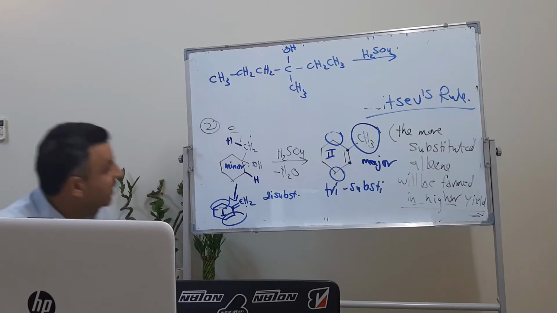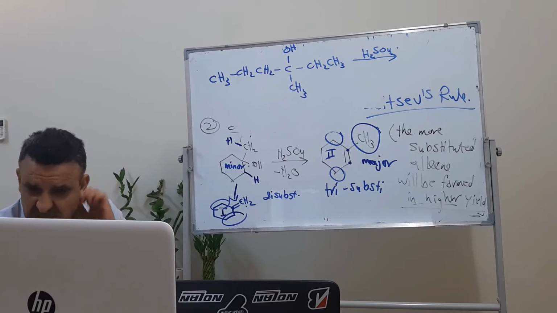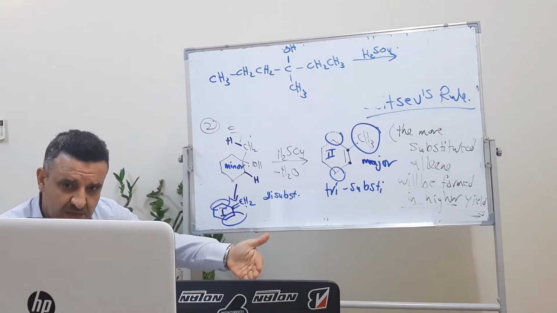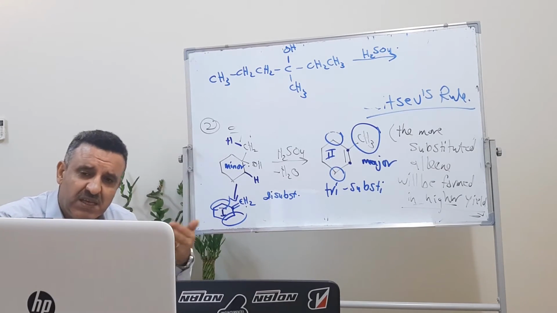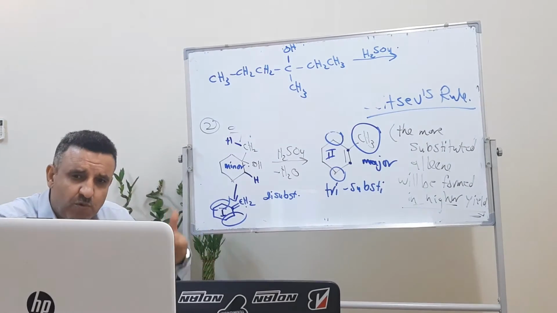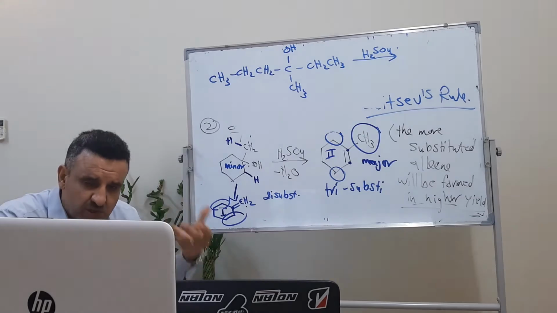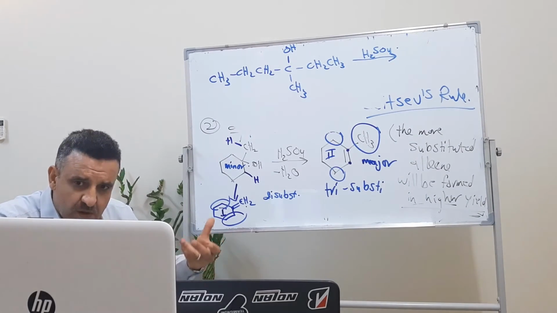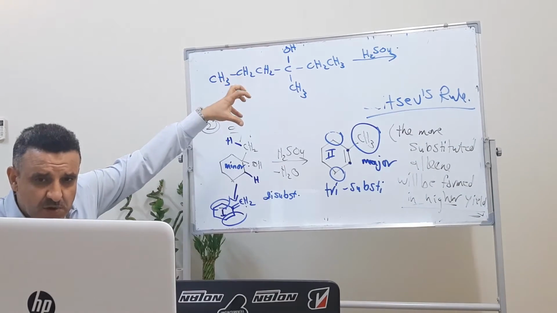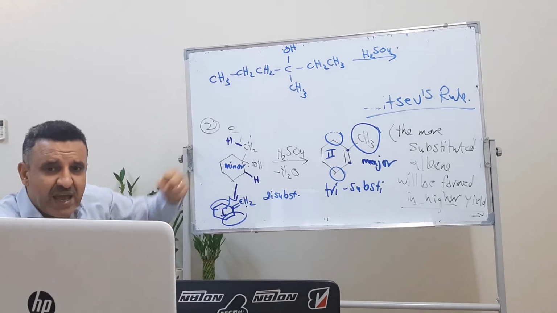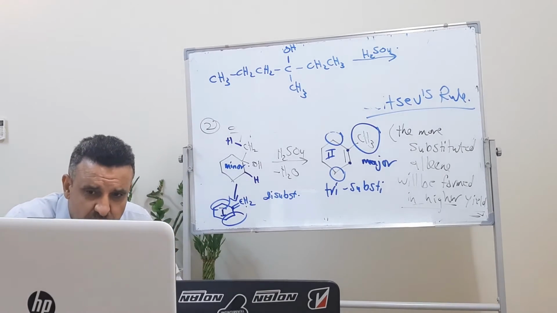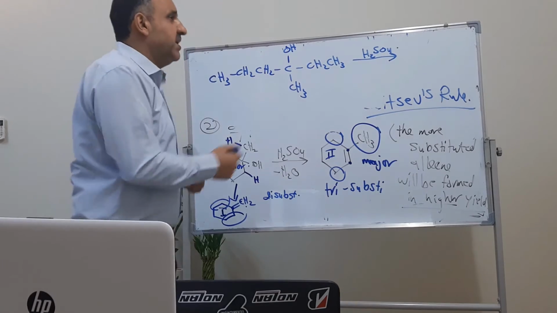Now, as we have said, this is simply a method for converting alcohol to alkene. How? By dehydration. What does that mean? By elimination of a water molecule. Where will this water molecule come from? The OH on the carbon will be removed, and one hydrogen from the adjacent carbon will also be removed to eliminate water.